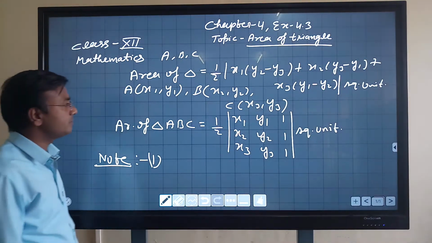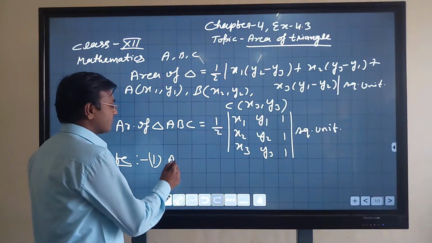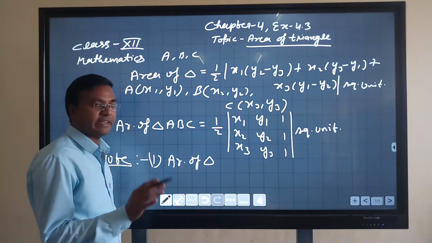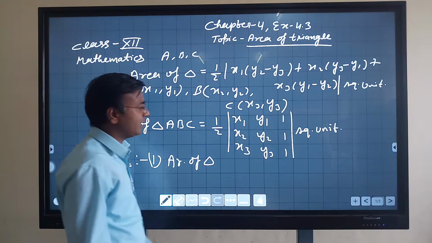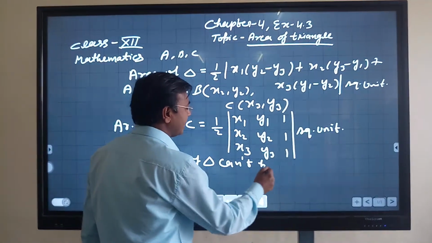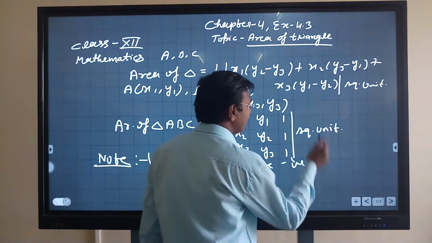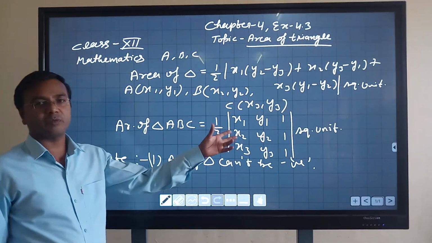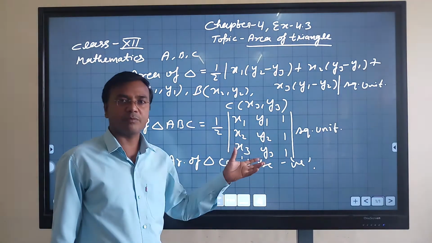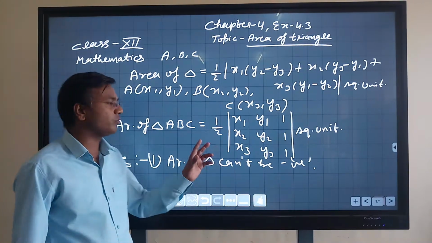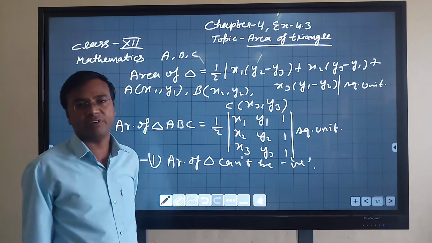The first one is, since the area of a triangle, or anything else, here particularly we are using the triangle, can't be negative, right? While simplifying this determinant, it might be possible that we will get a negative value. So we will ignore the negative values.